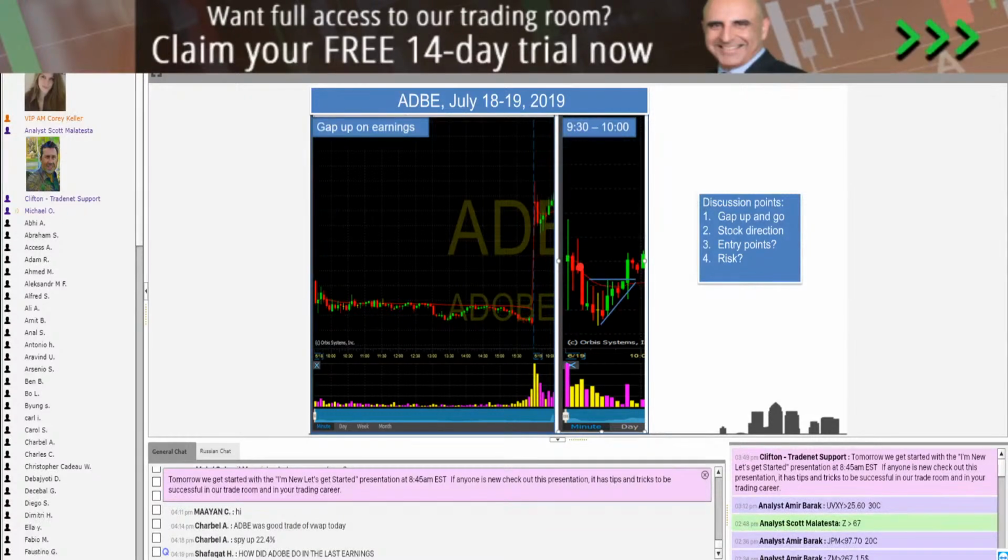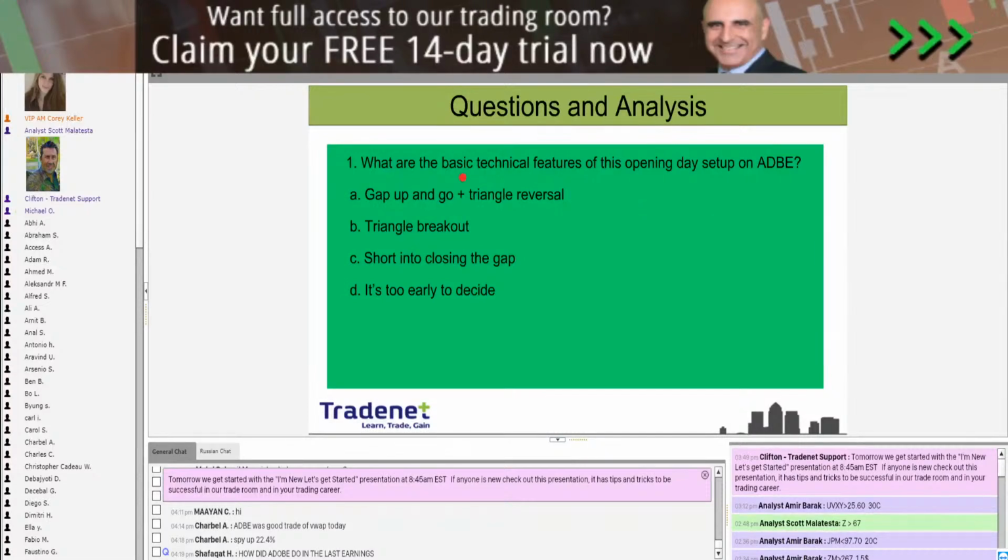So obviously, if the question is this a gap up and go, or a gap up and close, or trending lower, anywhere between 9:30 and 10, the trend is higher. Okay, so that's definitely a gap up and go situation. So what are the technical features of this opening day setup in ADB? It fits the strategy where a stock gaps up and continues higher. This is what we like to see.